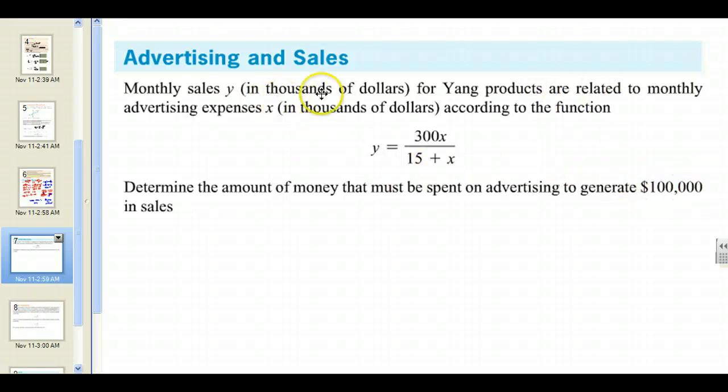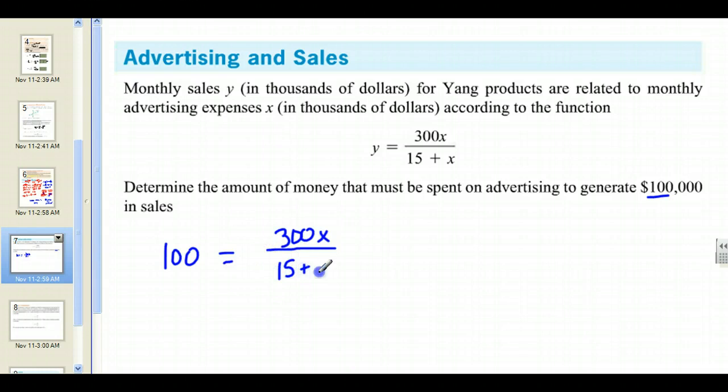Now y is measured in thousands, so we're going to set it equal to just 100. So 100 is the amount of sales we want, and 300x divided by 15 plus x is equal to that. Alright, so clear fractions again, so we're going to multiply both sides by 15 plus x.